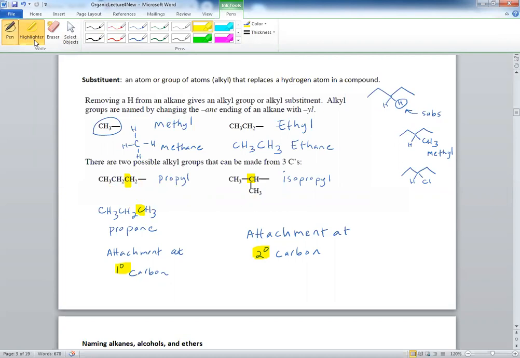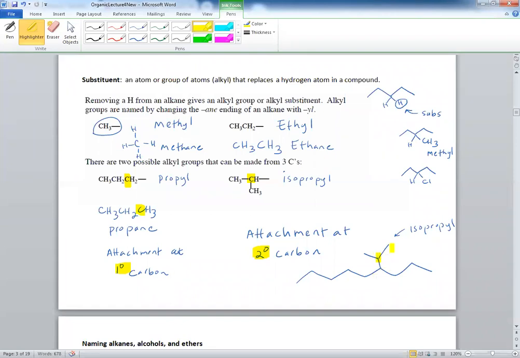So what are examples of these? If I have a long chain, this would be my isopropyl. Superimpose these onto this, and you'll see it. So this would be my isopropyl. And I'm going to highlight where the attachment is. So imagine this. Highlighted is where that one is.